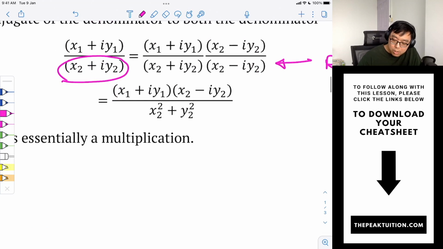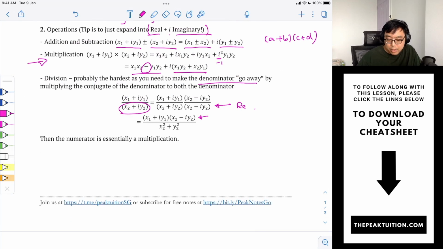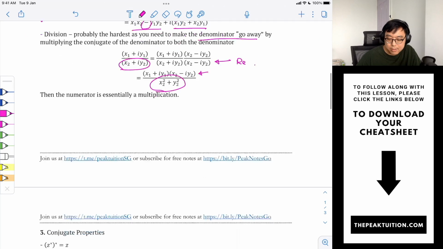In that sense, we can then work out the numerator as a single complex number by doing the multiplication here. Essentially, the numerator will give us a multiplication and we are done with the division. But this usually is a little bit more complicated than multiplication because you have to do several steps beforehand and you have to deal with a possibly large number in the denominator.